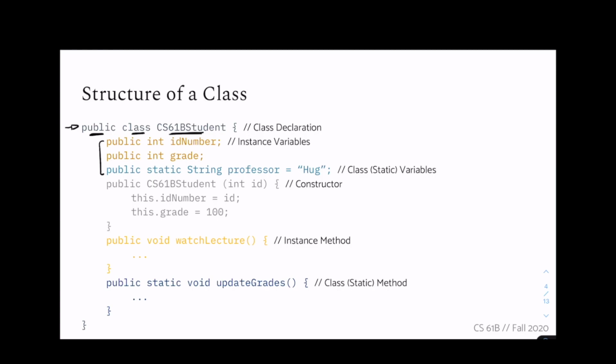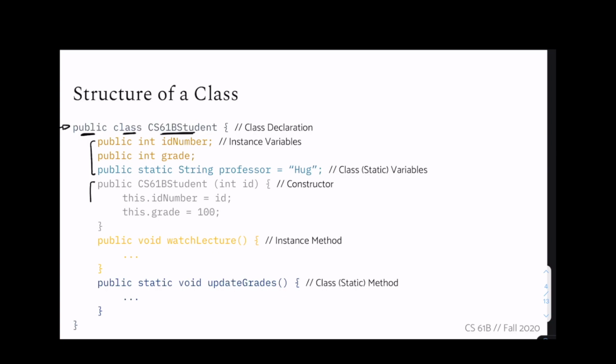The top two are instance variables, which are only relevant to a specific instance of the class, or in this case, a specific student, versus some variables that are relevant to the entire class, or all instances in general. So, in this case, each individual student has their own ID number and their own grade in the class, while all students share Professor Hug as their professor.